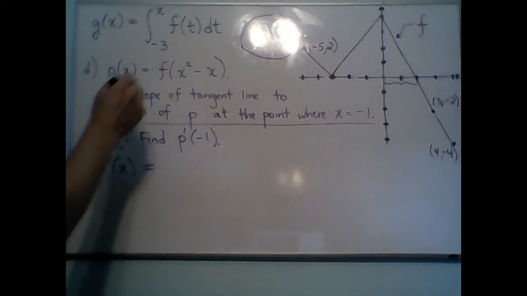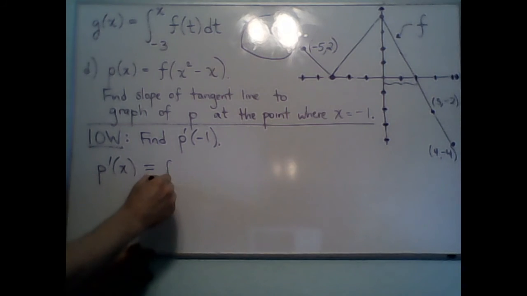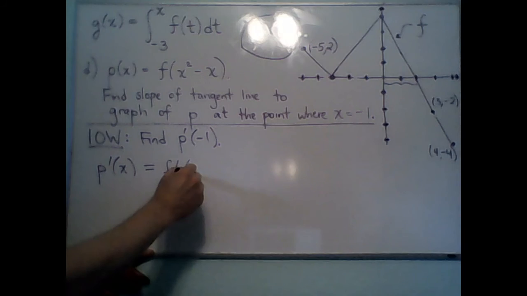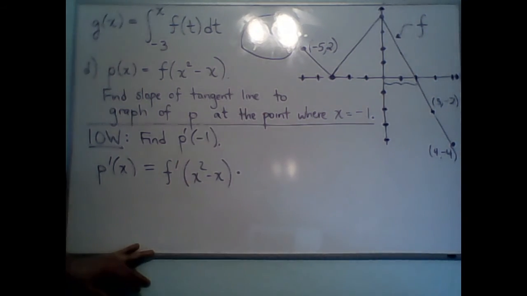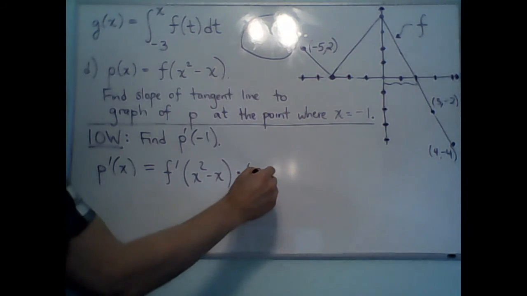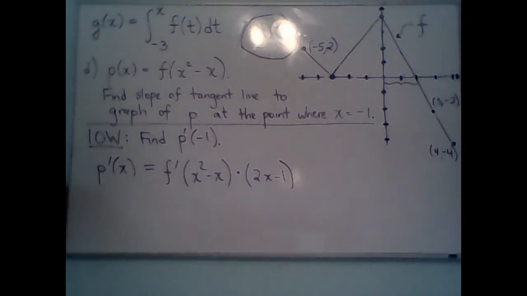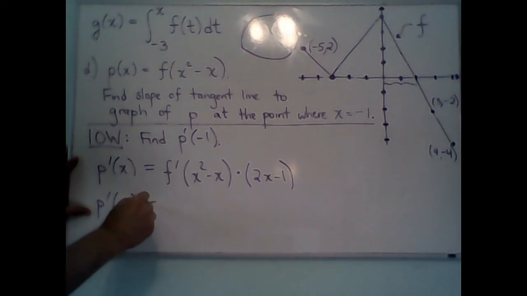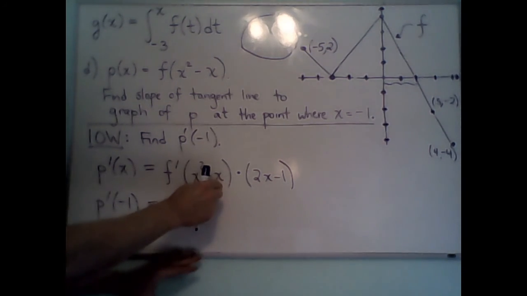It'll be the derivative of the outside function evaluated at the inside function. Derivative of f is f prime evaluated at x squared minus x times the derivative of the inside function. Well, the derivative of x squared minus x is 2x minus 1. Cool. And that's p prime of negative 1 then equals f prime of, now plug in negative 1 for all of the x's.